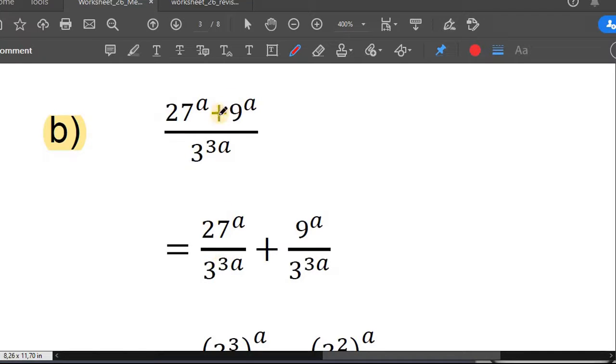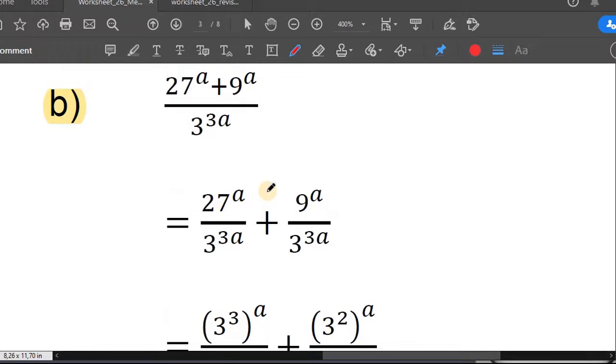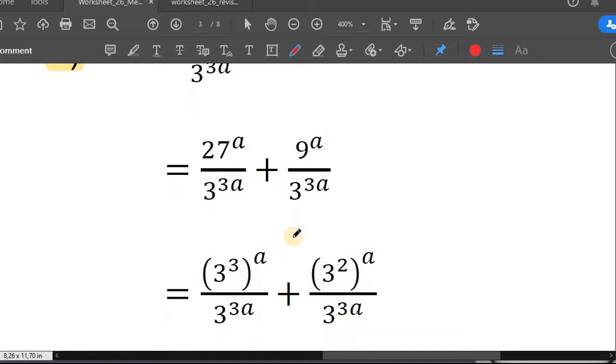We got that first part, positive sign. Then there's our 9a, and we got our denominator there. Now we are very used to moving from this step to this step. Now in fact we're moving from this step to this step here. Then what we're doing in fact from here to here is that we're finding our prime bases, right?